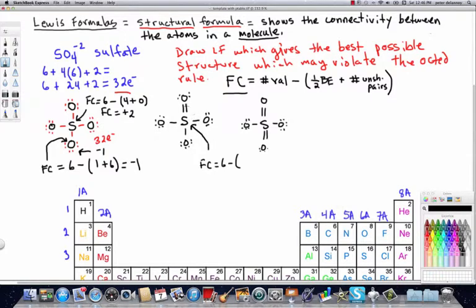So it's going to be 2, 4, 6, 8, 10. Half of that is 5. And then we're going to add unshared pairs, of which there are none. So look what happened to my FC. It dropped to +1. So common sense dictates that by adding another double bond, the FC on this sulfur has gone to 0.